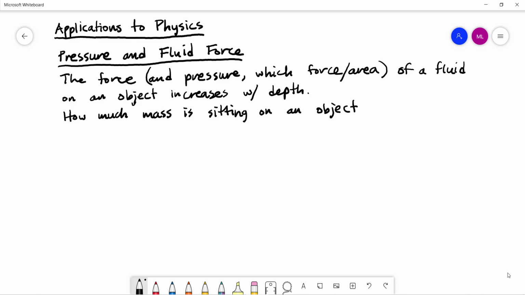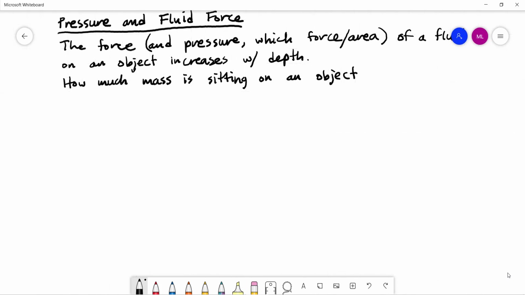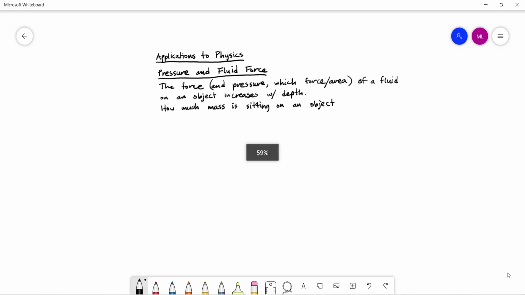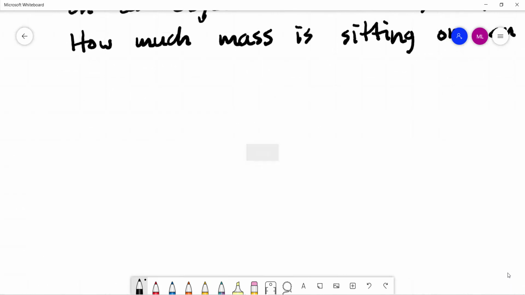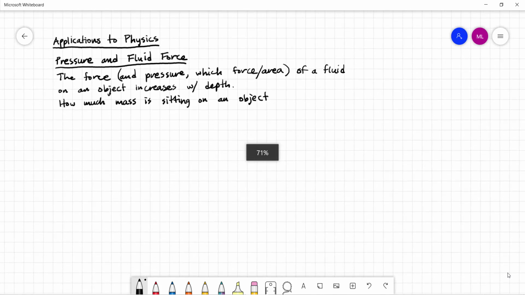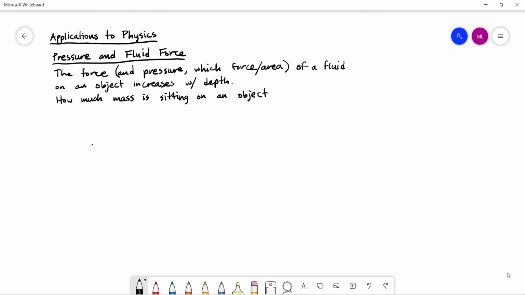And so if I draw a picture here, we have a region under the water that I'm going to draw as just a little rectangular region. Right, so here's some region A, and above it we have almost a box that you can think of as the water sitting up here.